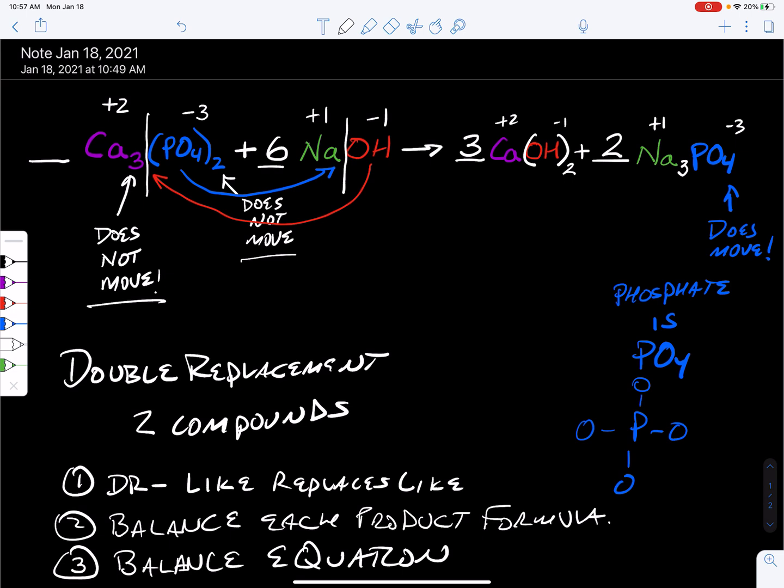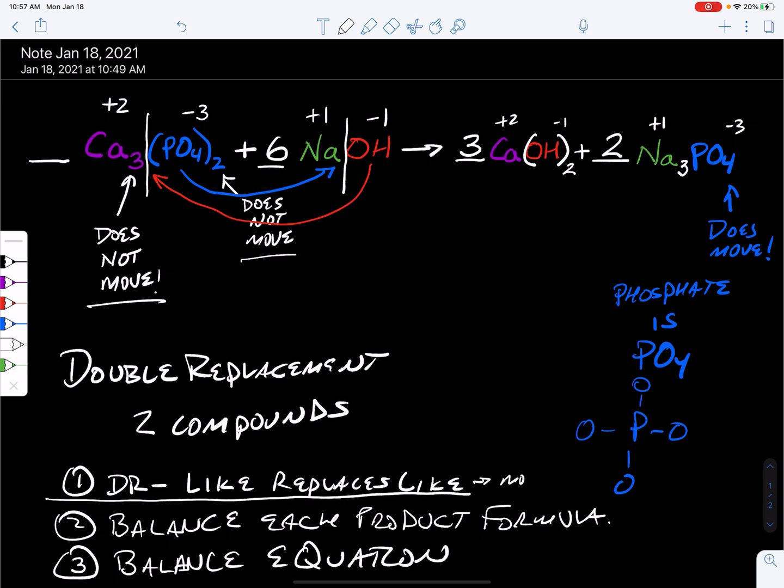Now I can check, and I have 3 calcium on both sides. I have 2 phosphates on both sides. I have 6 sodiums on both sides, and I have 6 hydroxides on both sides. So again, to go through this, step 1, for a double replacement, like replaces like.